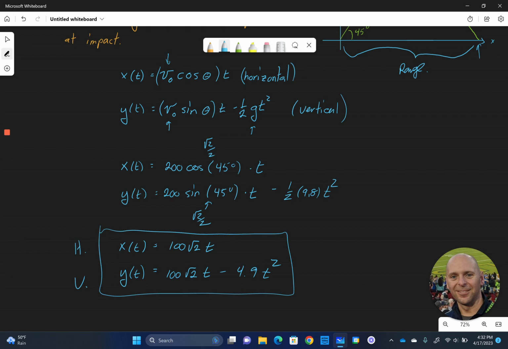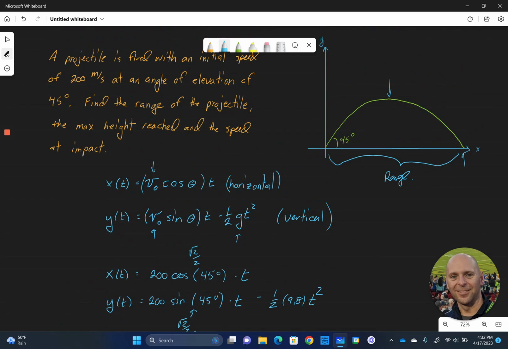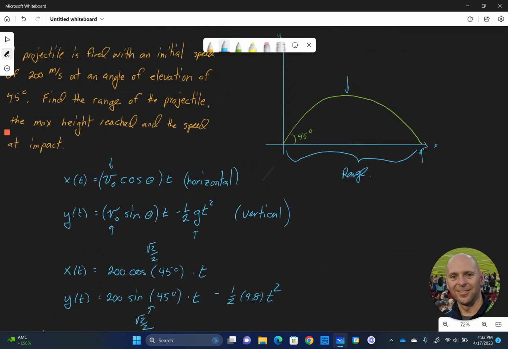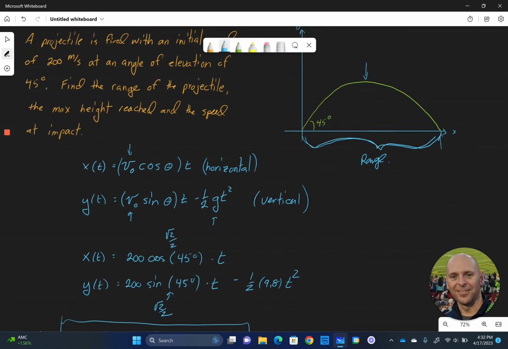So now we can start answering some of these particular questions. So the first thing we wanted to do was to find the range of the projectile. So the range, again, being the distance here from where it's initially launched to where it lands.